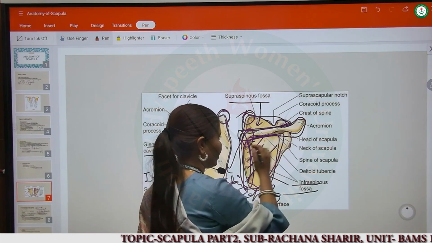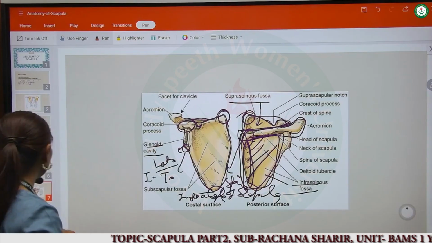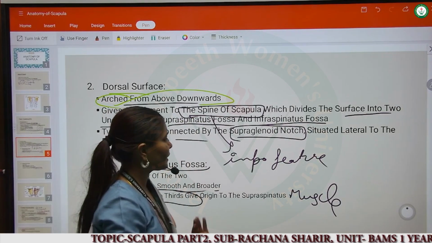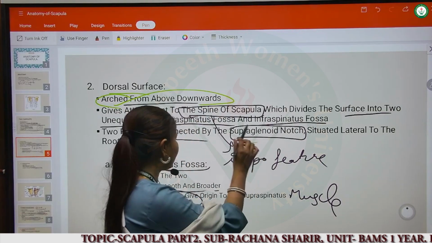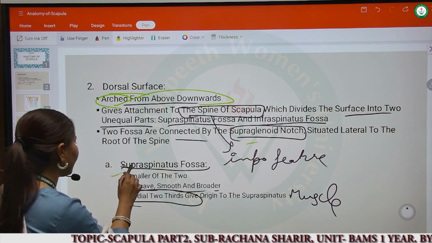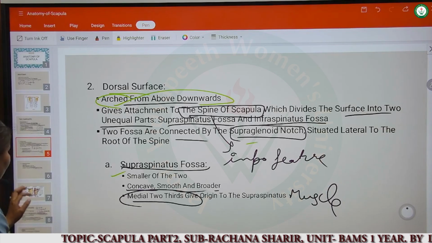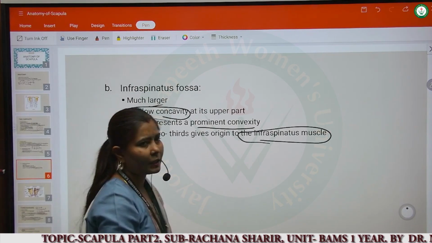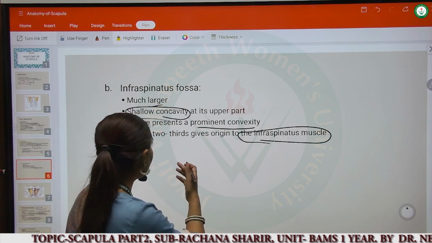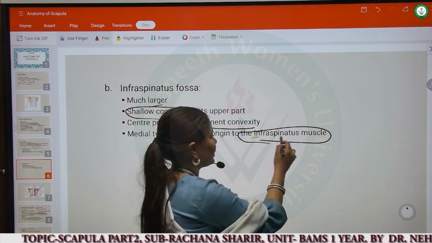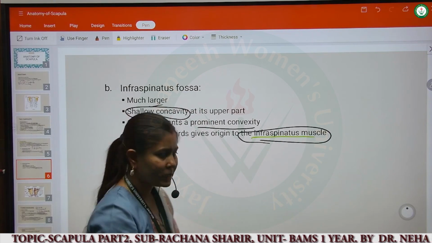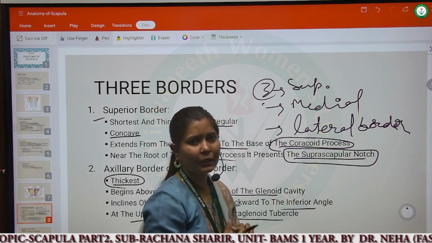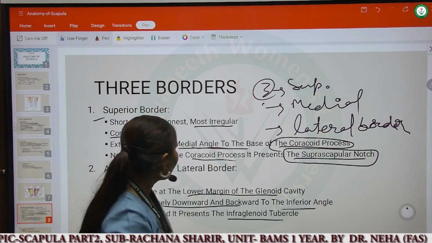The two fossas are connected by the supraglenoid notch. Supraspinatus fossa gives attachment to the supraspinatus muscle, and infraspinatus fossa gives attachment to the infraspinatus muscle. Supraspinatus fossa is smaller than the infraspinatus fossa.